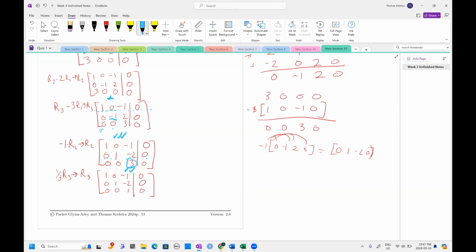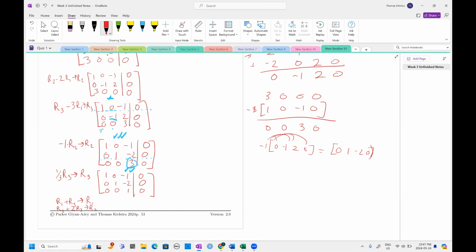The last thing we need to do is zero the columns. So we're going to take R1, add R3, and replace R1. We're going to take R2, add 2 R3, replace R2. Note that these are actually independent of each other.